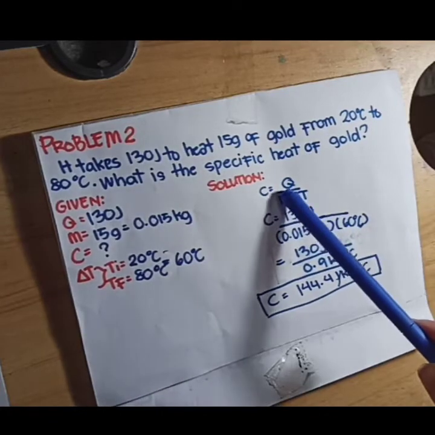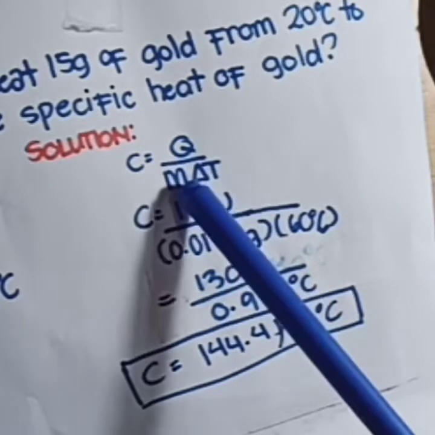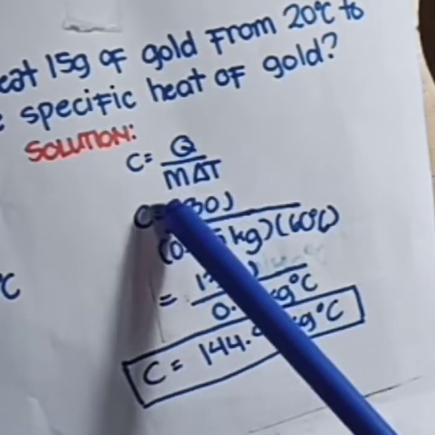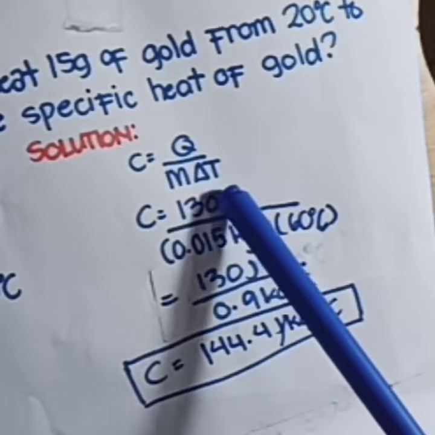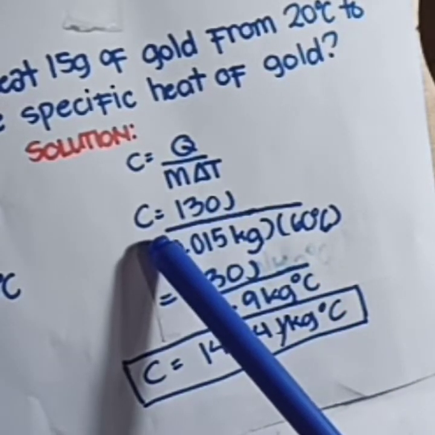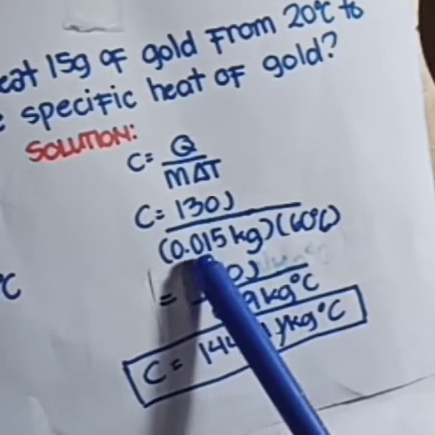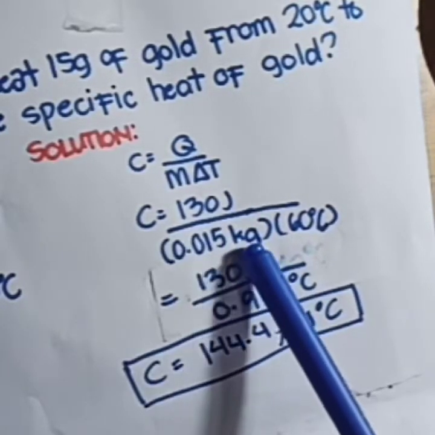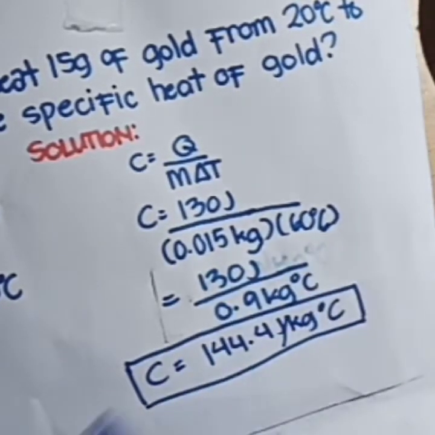So we have here the formula. The specific heat equals heat evolved over mass times change in temperature. Second step, the specific heat is equal to 130 joules over 0.015 kilograms times 60 degrees Celsius.